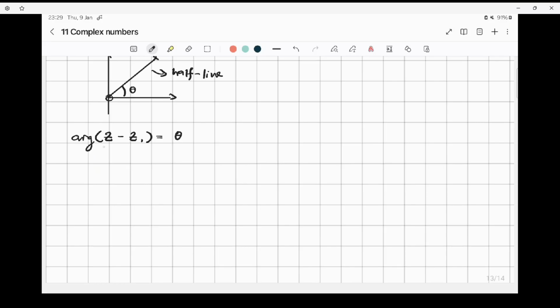Okay, so in this case, z will be equals to x plus yi. z1 will be equals to a plus bi, for example. So how do you interpret this kind of equation?